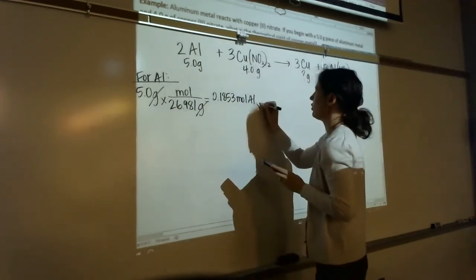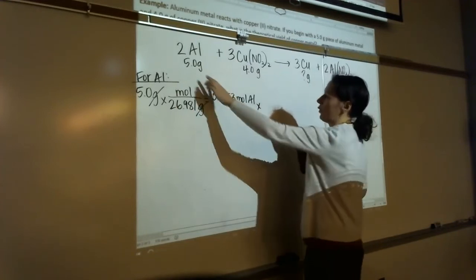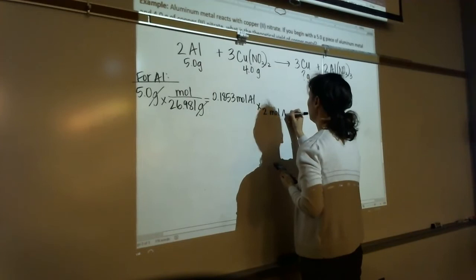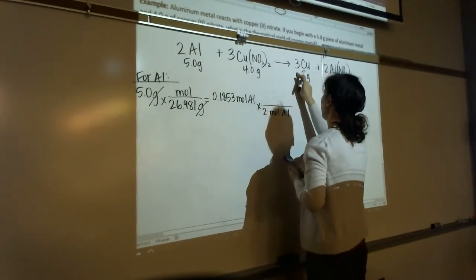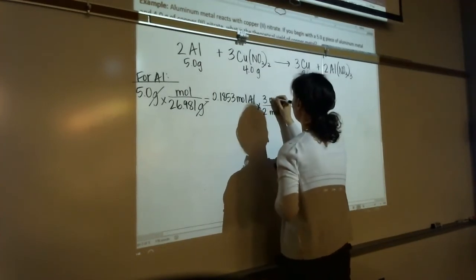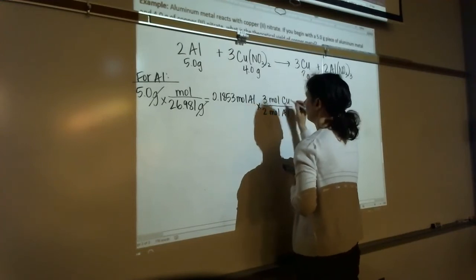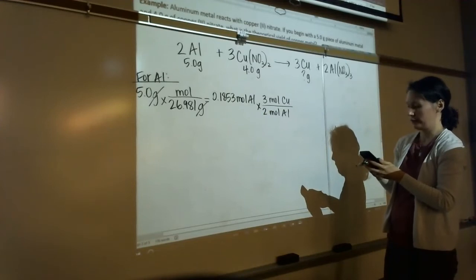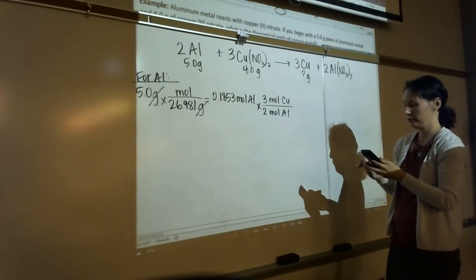Now let's do our mole ratio step. For every 2 moles of aluminum that I use, I make 3 moles of copper. Right? So I take my answer times 3 divided by 2.